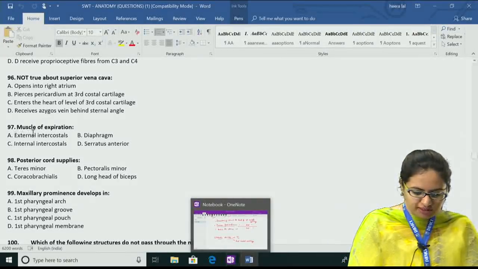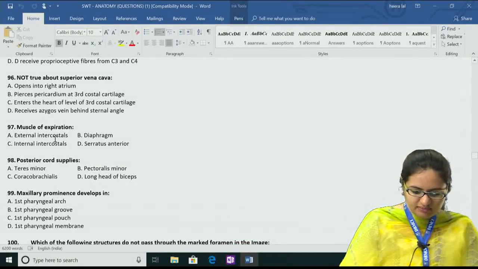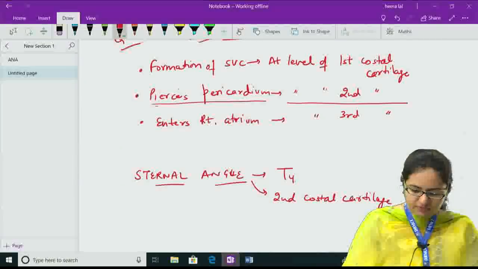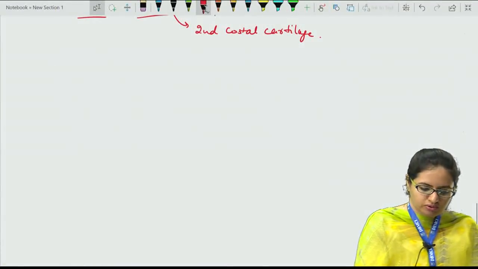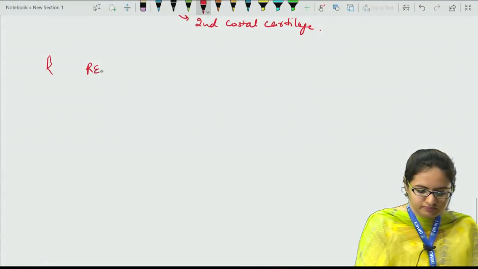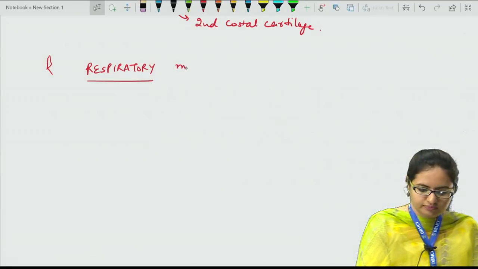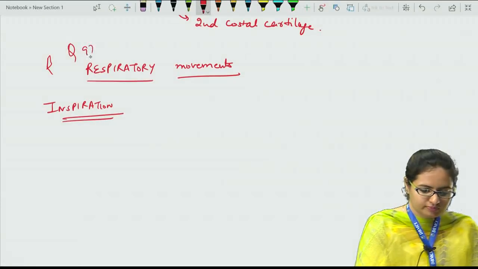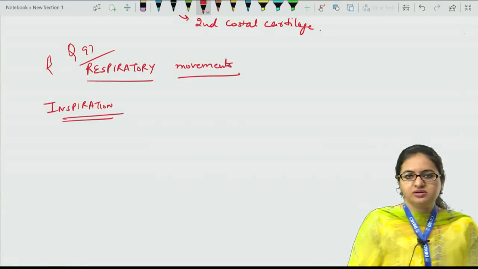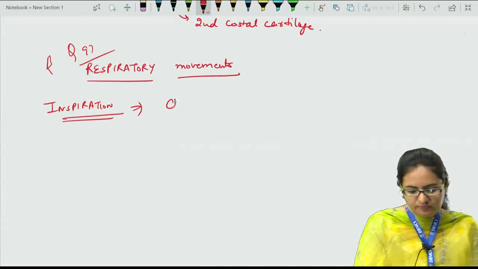Now we go towards question number 97. It is regarding the muscles of expiration. Whenever we are talking about the respiratory movements, we have expiration and inspiration. For inspiration, the major muscle is the diaphragm.